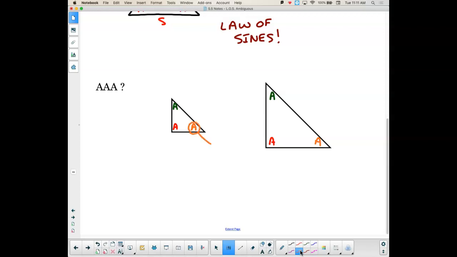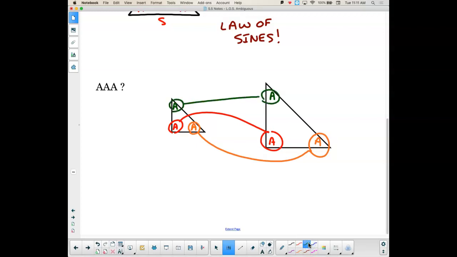If this angle and that angle are equal, this angle and that angle are equal, and if those angles are equal, right?